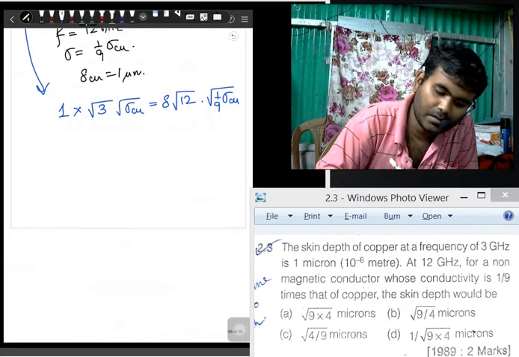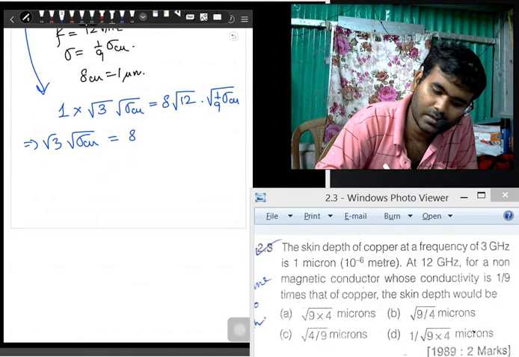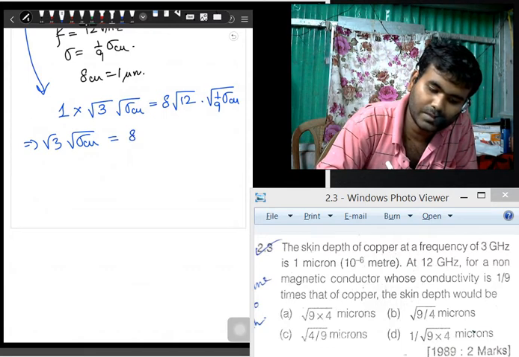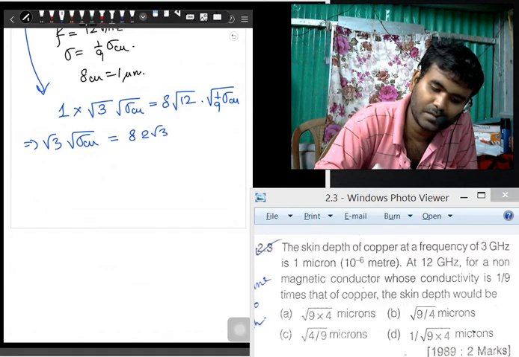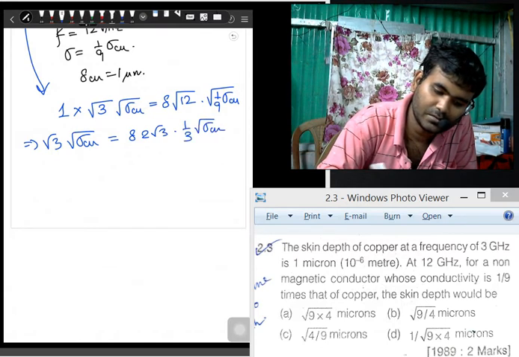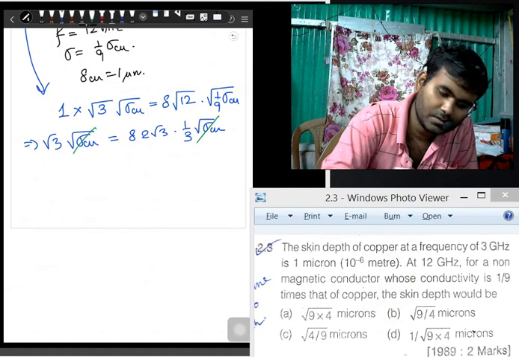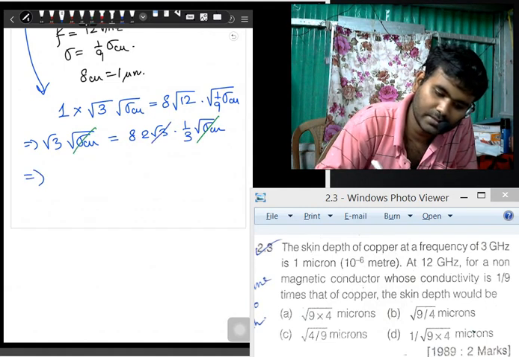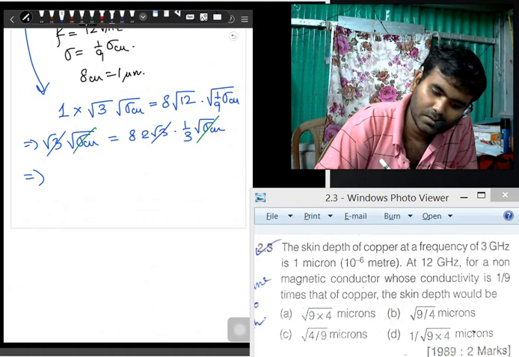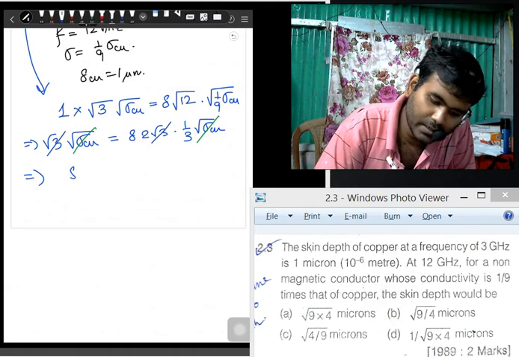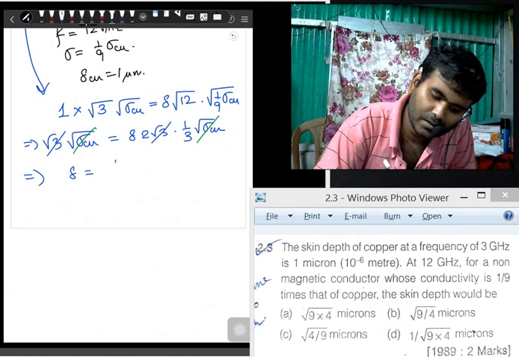So you can write it as root 3 under root of sigma copper on the left, and delta on the right, and under root of 12 is basically 2 root 3, and this is basically 1 by 3 times under root of sigma copper. So you can cancel the under root sigma copper, and you can cancel root 3 also. So delta is basically 3 by 2.